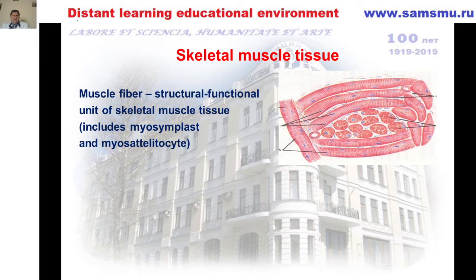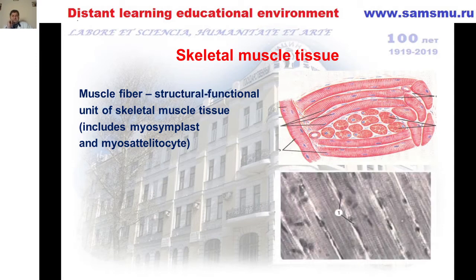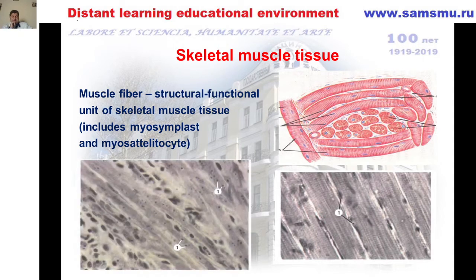Let's repeat. Muscle fiber is a structural functional unit of skeletal muscle tissue, and includes myosymplast and myosatellitocyte. In letter 1 you may see myosatellitocyte here, and you may see myosymplast here in this picture.